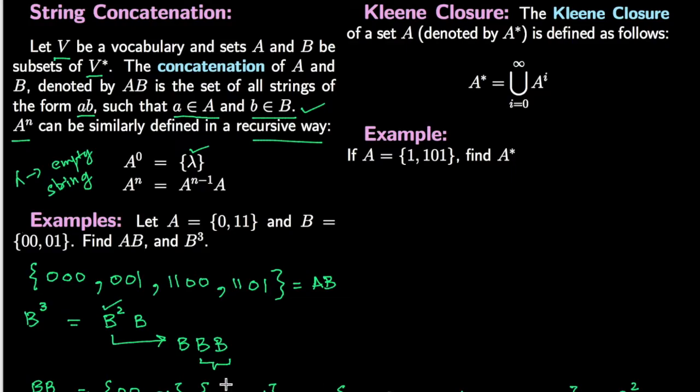Similarly I can do this with this, and this with this, and so on. So the last one should be 0101 and 01. So this is my B3.